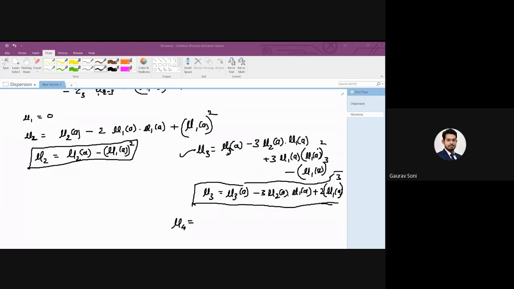Yes, the last one, mu4. Who can tell me? I need the final simplified formula. Mu4 of A minus 4 mu3 of A into mu1 of A plus 6 mu2 of A into mu1 of A whole square minus 3 into mu1 of A whole cube.